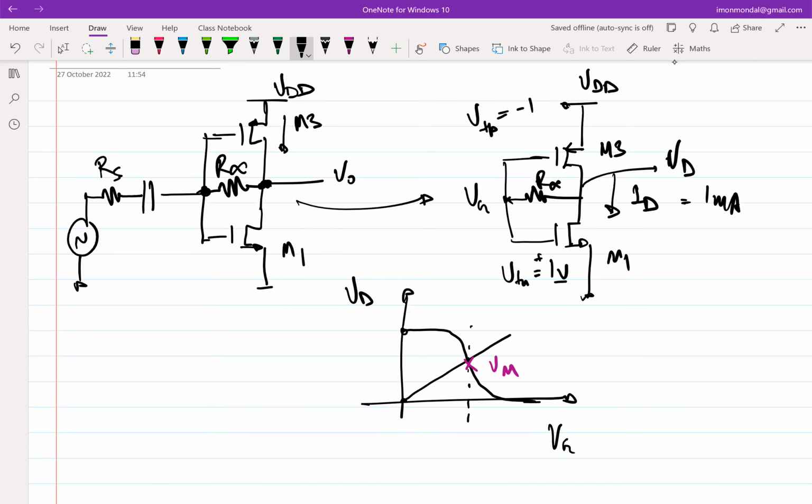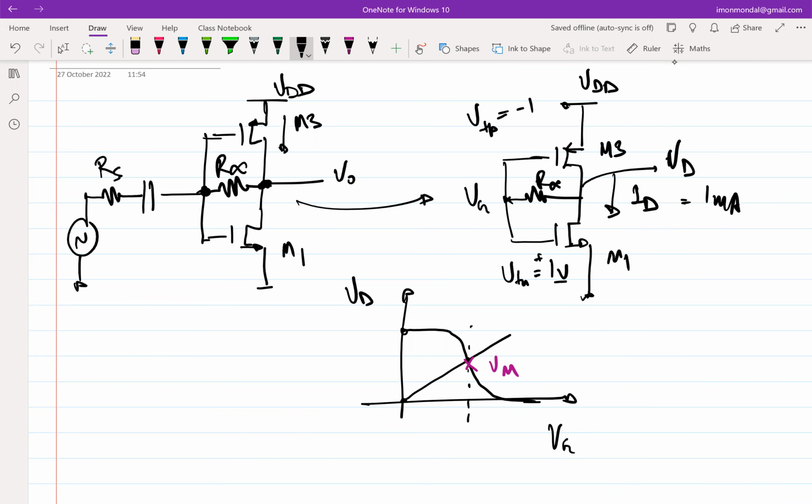You mean ID will increase? Yes. Okay, do you agree ID will increase? You don't seem particularly confident. But the threshold voltage of both of them decreased. A threshold voltage decrease means that if you had the same VGS, the overdrive increased for both.